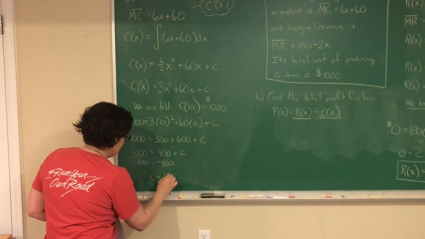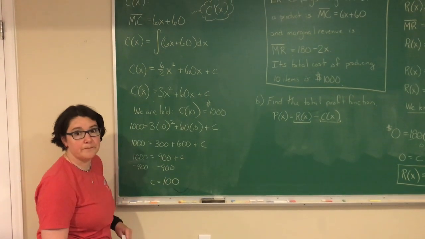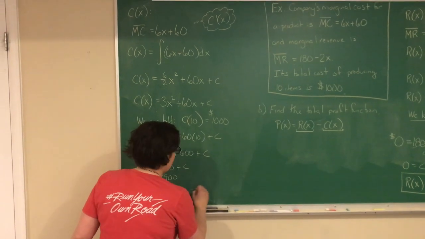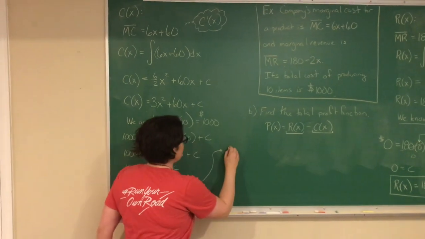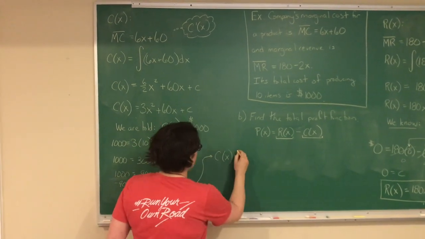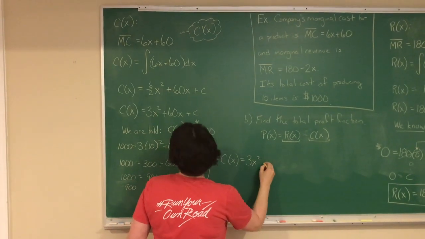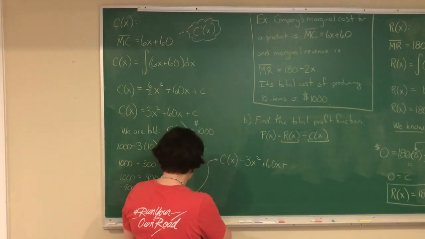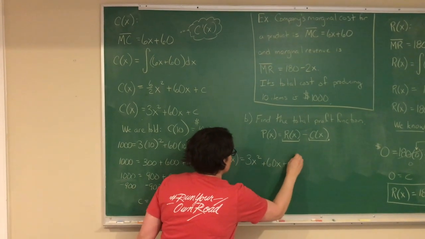And we get that c is equal to 100. Okay, so that tells me that our cost function, c of x, is equal to 3x squared plus 60x plus c, which in our case is 100.